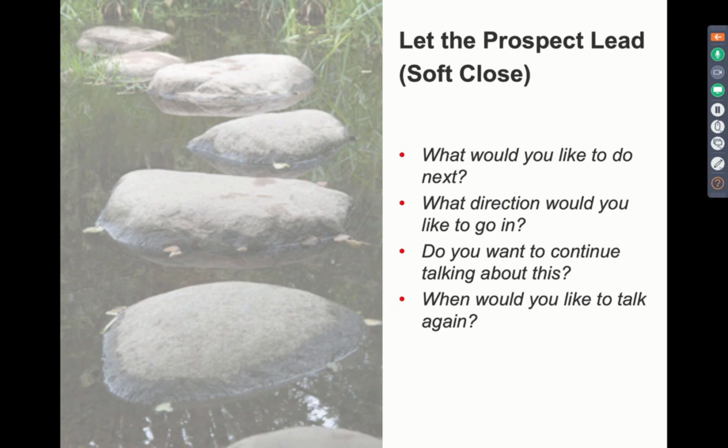This works well when you've done everything right. You've communicated benefits, you've qualified them, you've identified that they fit well with how your product can help them. You've communicated how you differ from other competitors. You've shared some examples. You've talked about how your company is better than the other competitors. You've really checked all these boxes. You've built rapport, and you've trial closed them along the way by checking in with them.